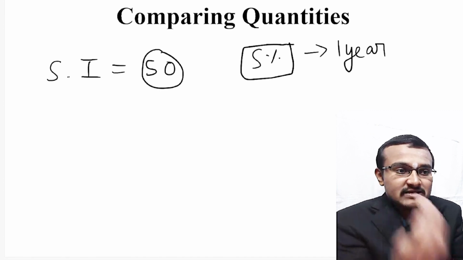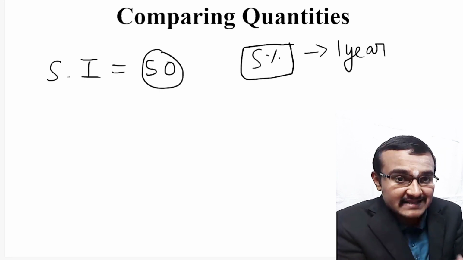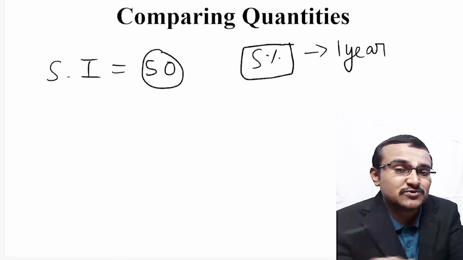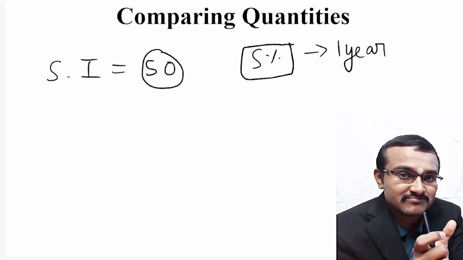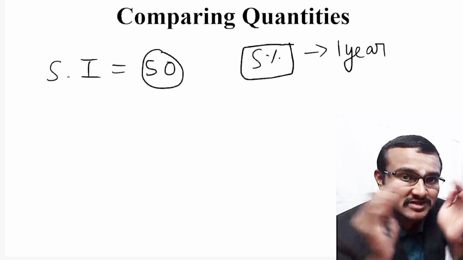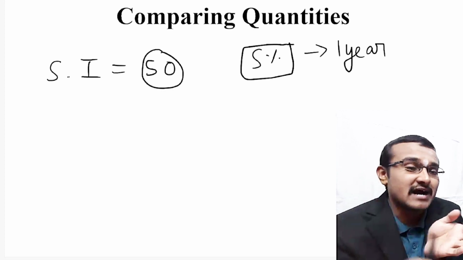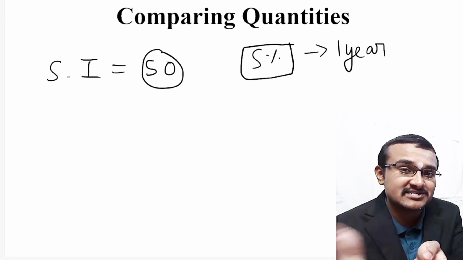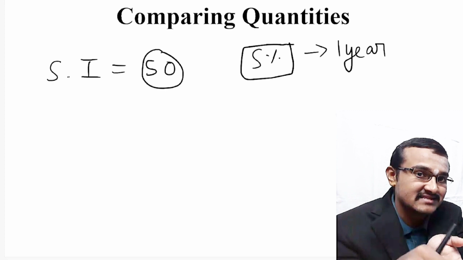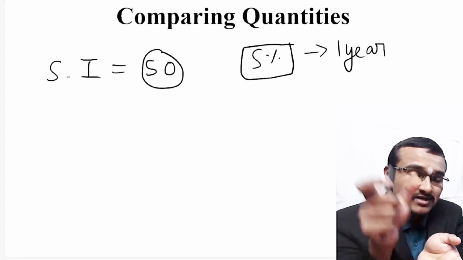So what if you are keeping the same amount of 1000 rupees for 5 years? At that time whatever interest you get in the first year will be added to your principal amount, and that new principal amount will be the next year's amount. So the next year when they put interest, they will put interest on the interest which was already put for the principal amount in the first year.